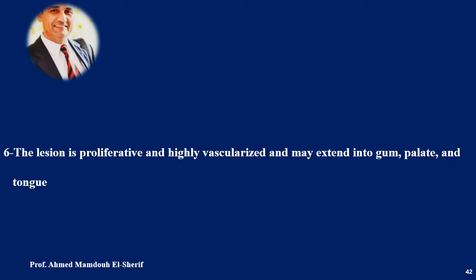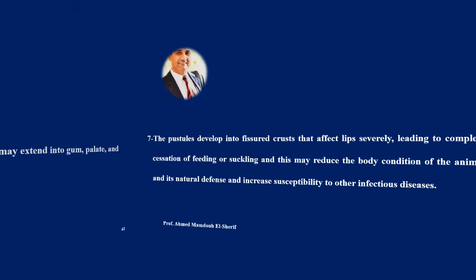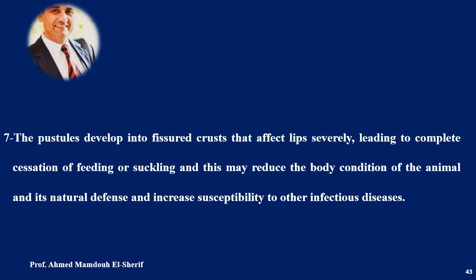The lesion is proliferative and highly vascularized and may extend into the gum, palate, and tongue. The pustules develop into fissured crusts that affect the lips severely, leading to complete cessation of feeding or suckling, and this may reduce the body condition of the animal and its natural defense and increase susceptibility to other infectious diseases.